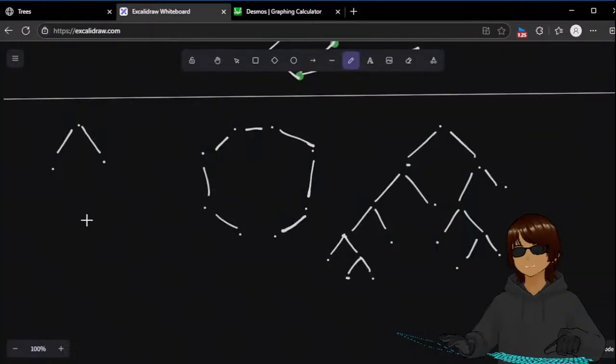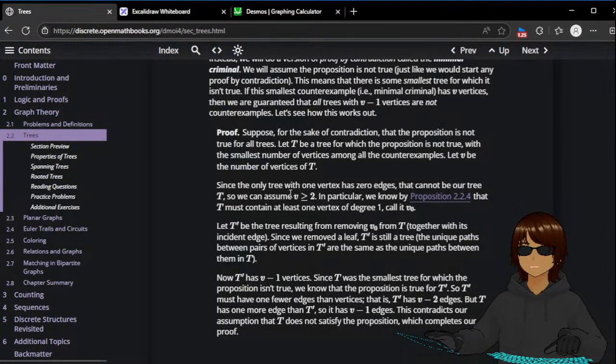If the tree has one vertex only, then there are no edges. That cannot be our tree T. So we can assume V is more than 2.